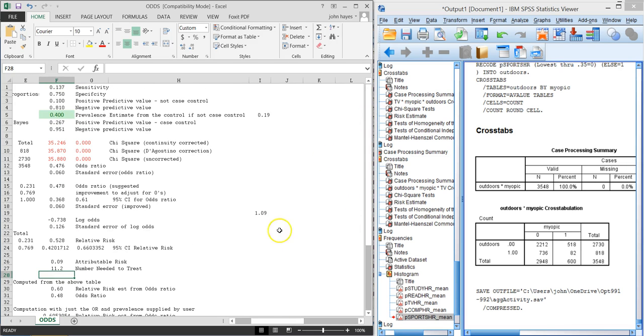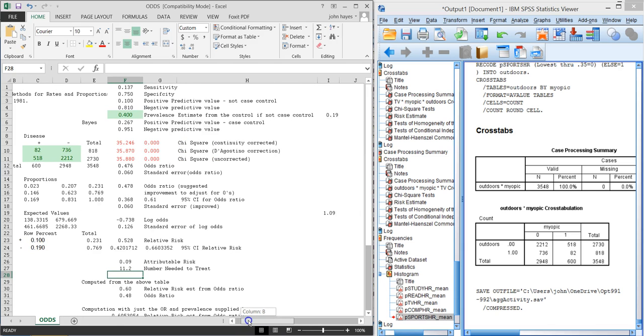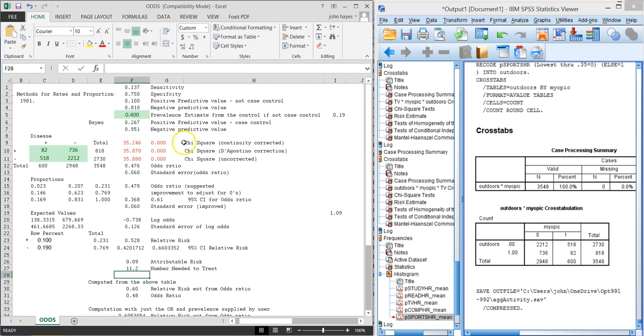Now, there's a number over here. I think that shows up. Yeah. One of the problems is that odds ratios consistently overestimate the effect. For example, in our table, the relative risk is 0.52 and the odds ratio is 0.47.